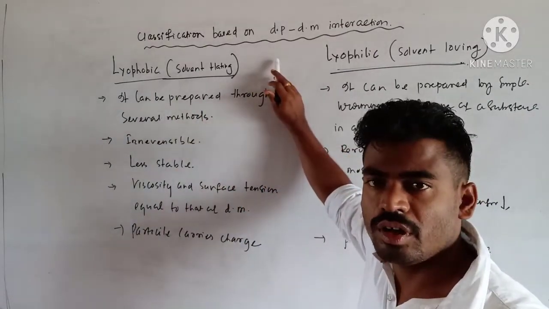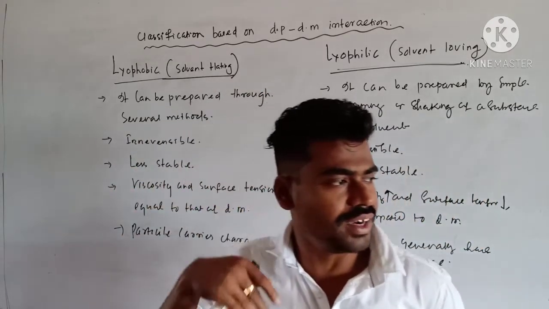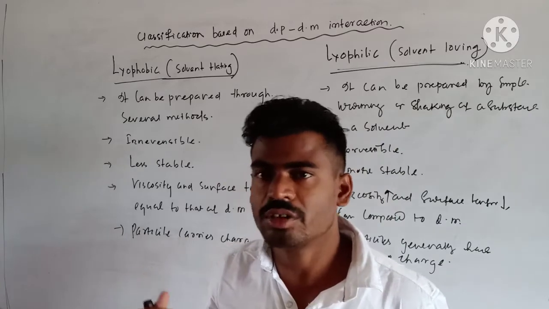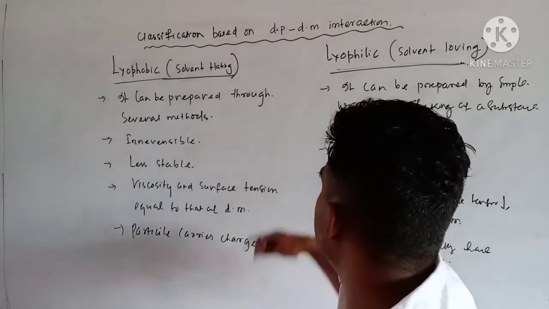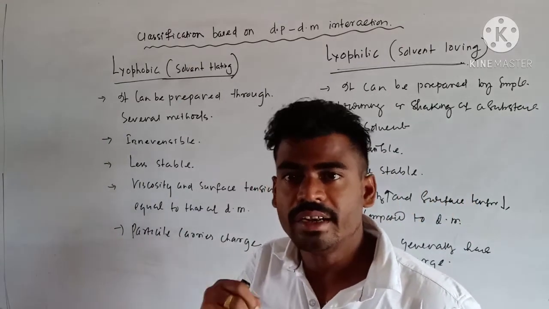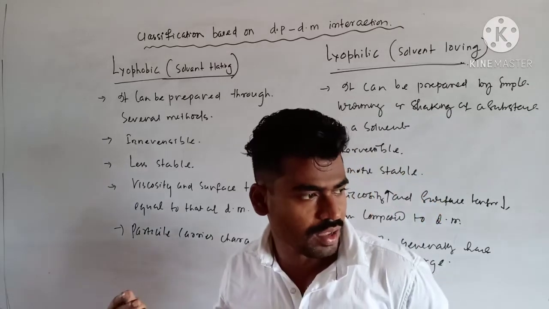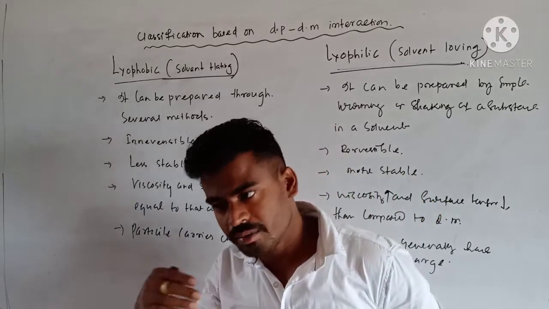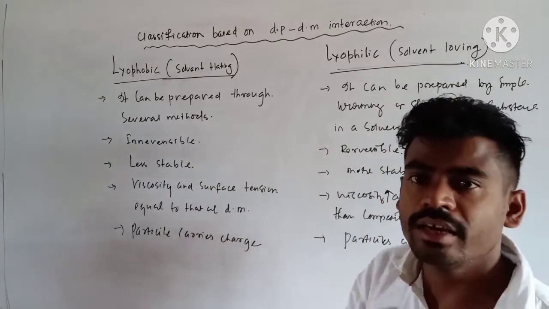Lyophobic solution can be prepared through several specialized methods, you can prepare it chemically, which we will discuss during the preparation of colloids. And for lyophilic solution, since the dispersed phase can easily interact with the dispersion medium, you can simply warm it or shake the solution, and you can easily get these lyophilic sols.